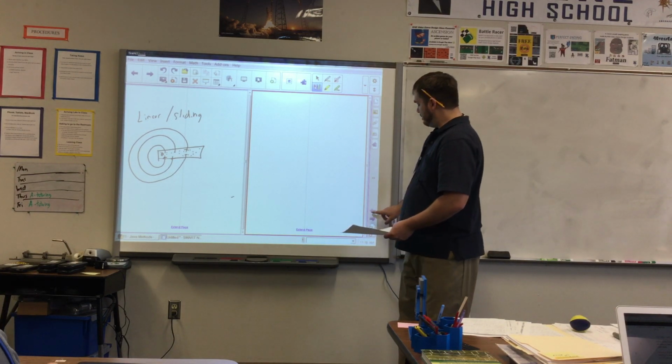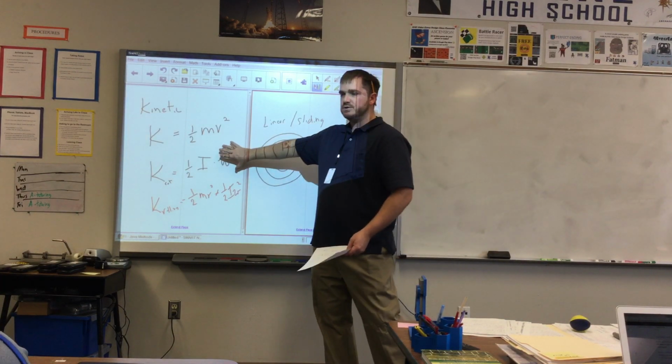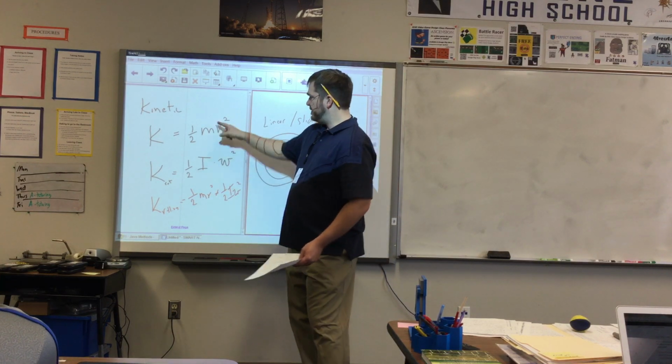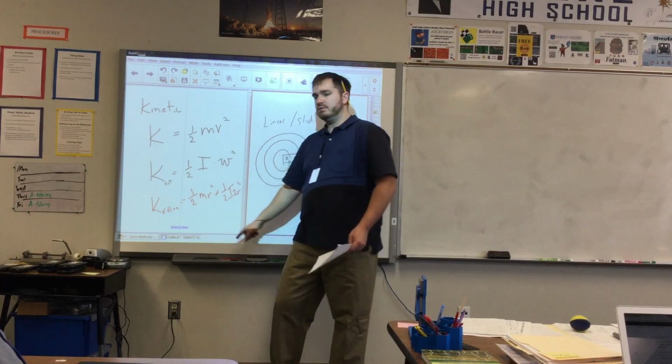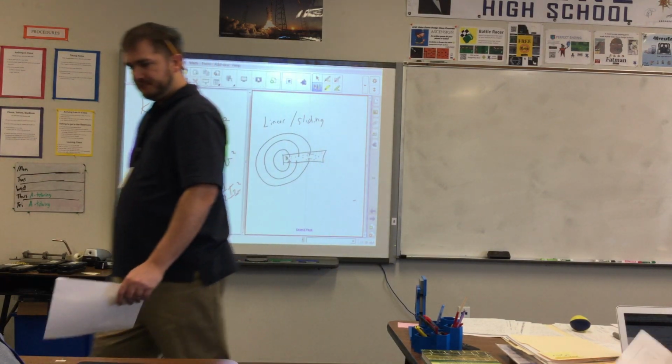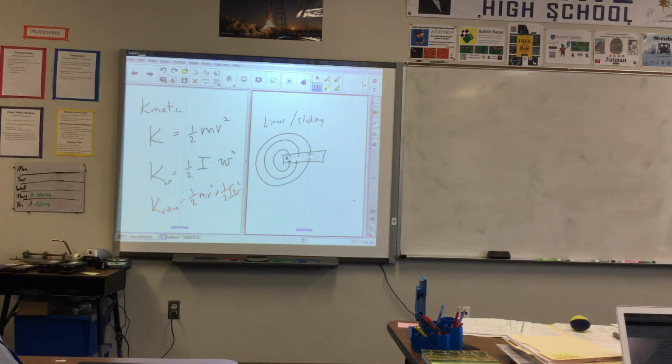Oh, pull out your AP formula chart. I think those are on the chart. Maybe this one and this one. I guarantee you this one is not on it. I want them both combined. Yeah, they're both here: 1/2 mv squared and 1/2 I omega squared. Left hand column. Wait, where'd you see the second one?